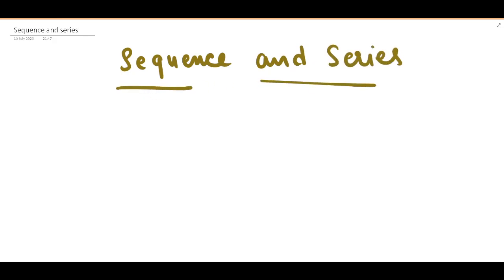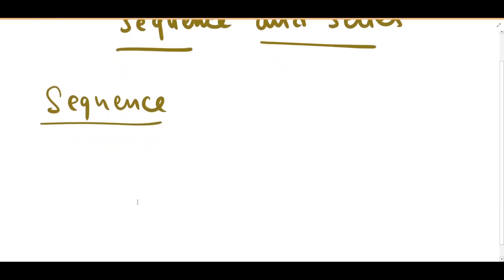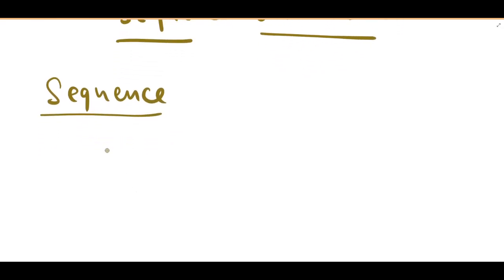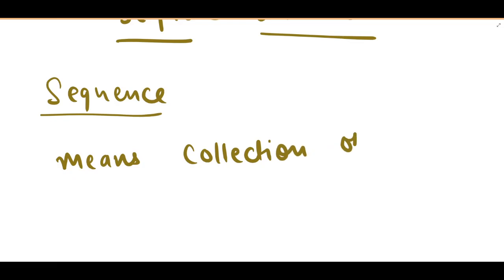So what is a sequence? Sequence means a collection of objects in an ordered manner.